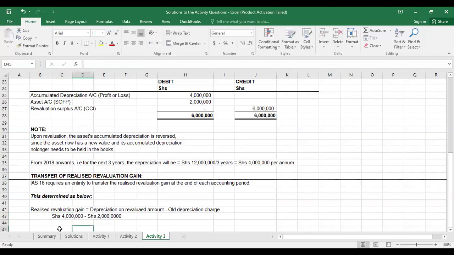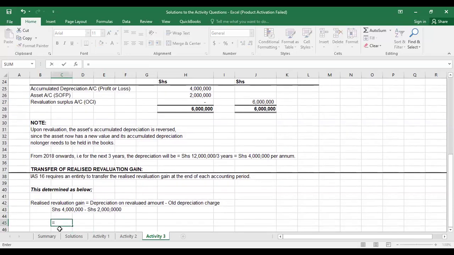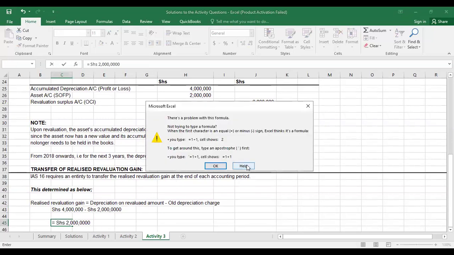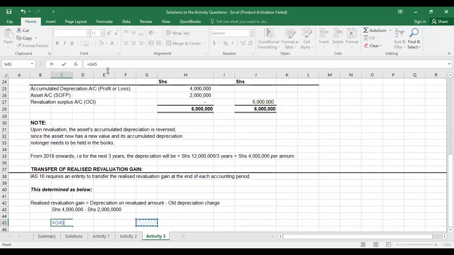And it gives us 2 million. Let's write it like shillings, 2 million.